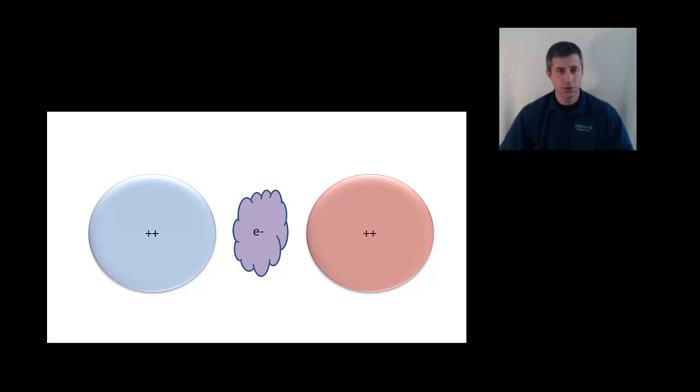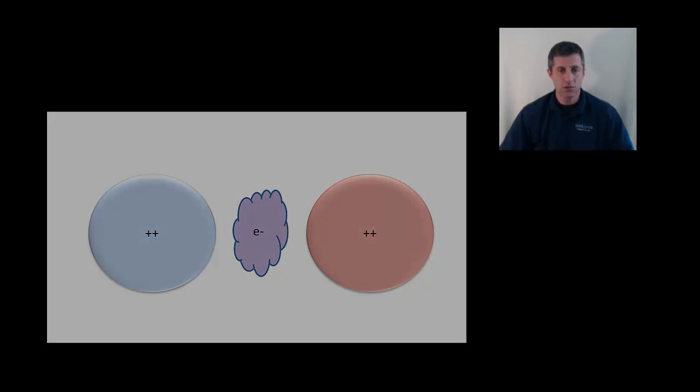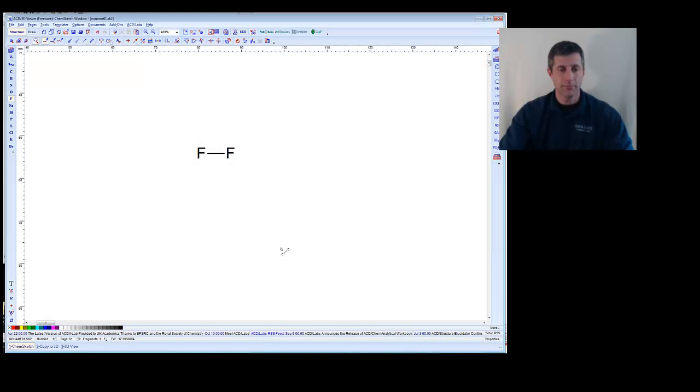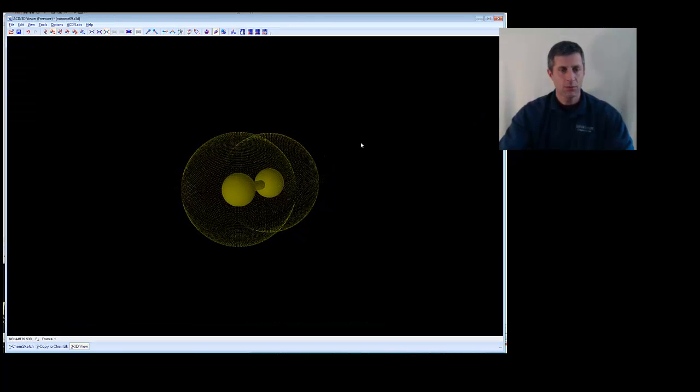So we have the same amount of charge and the same distance between charges, and those electrons are being equally drawn to each of those two nuclei. We can look at this in more sophisticated ways, in a three-dimensional view. Suppose we have two fluorine atoms bound together, this bond indicating the sharing of two electrons. This is what it looks like on the surface.